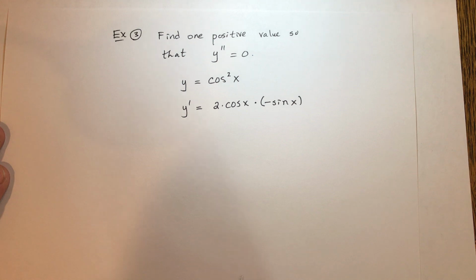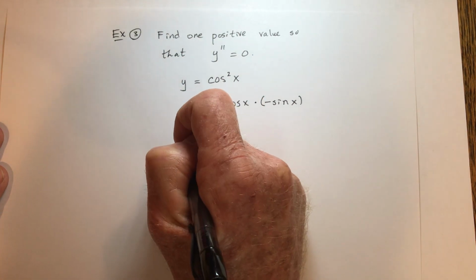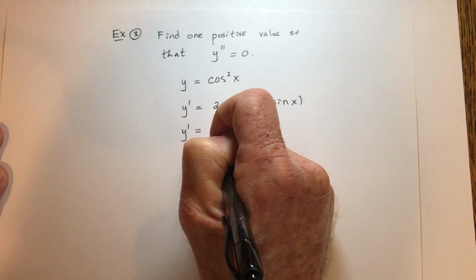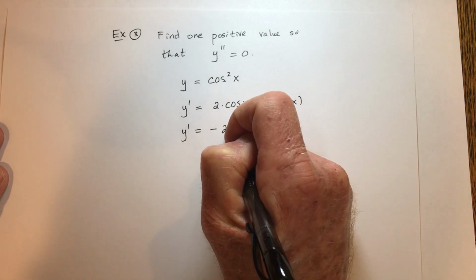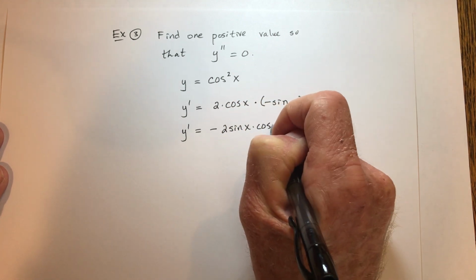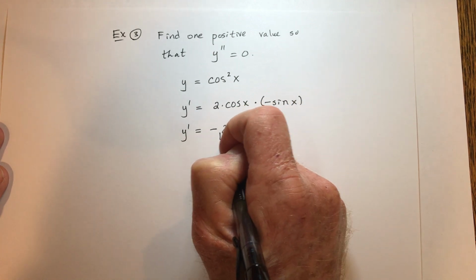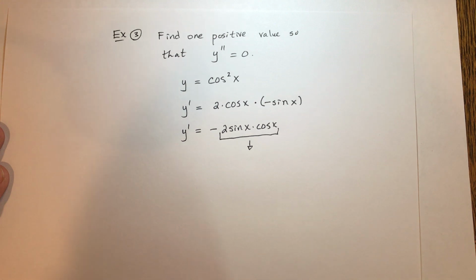Now when I go to do the second derivative, I could do the product rule. But I could also look at this as, let me just put the negative in front, and I'll even put the sine in front. And if you look at this part, there's a trig identity for that.